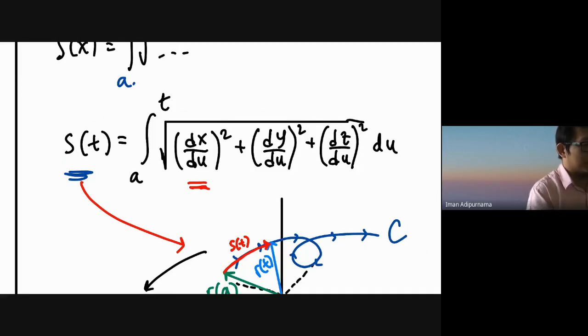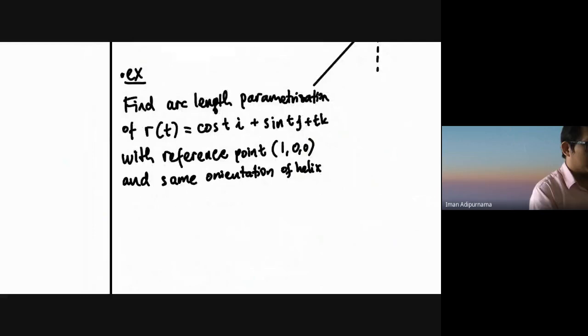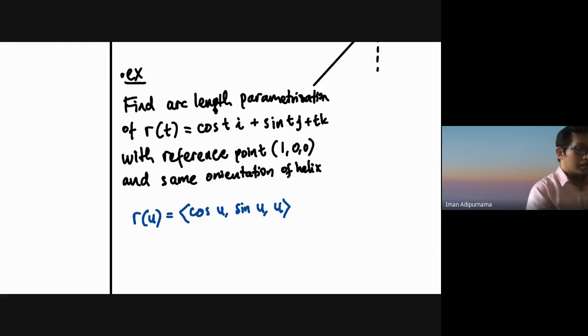So we are going to imagine this whole function is in u variables. Let's write it in terms of u, and let's find the tangent.